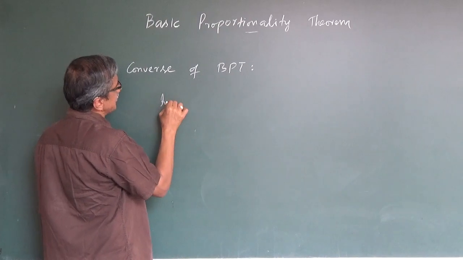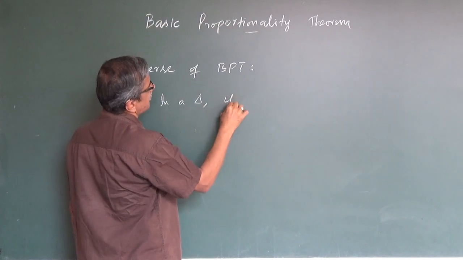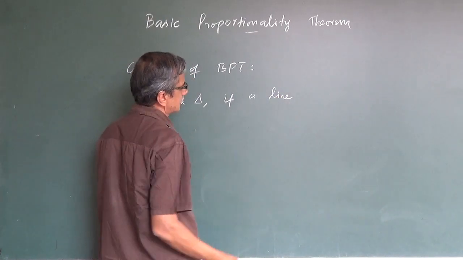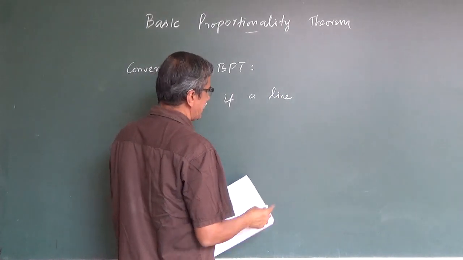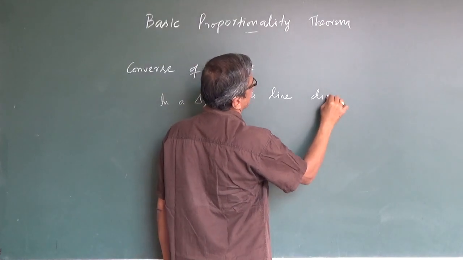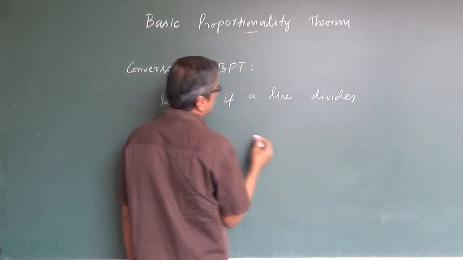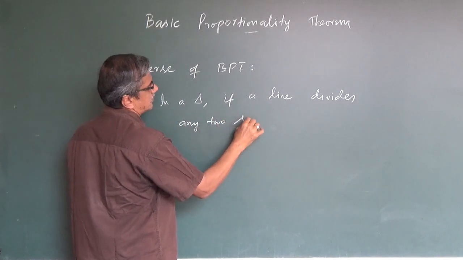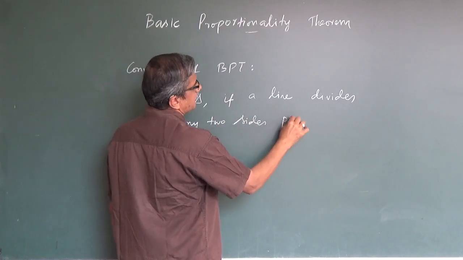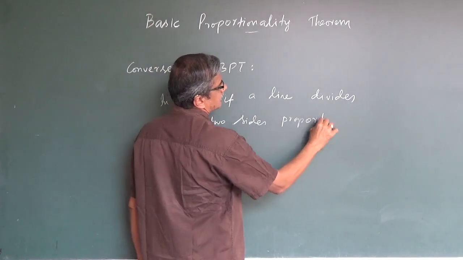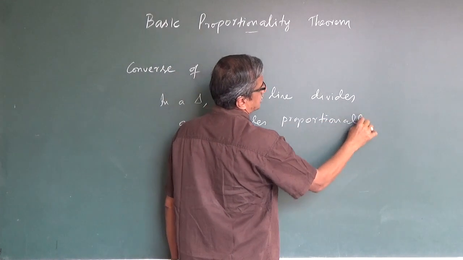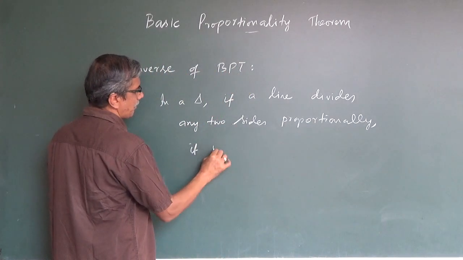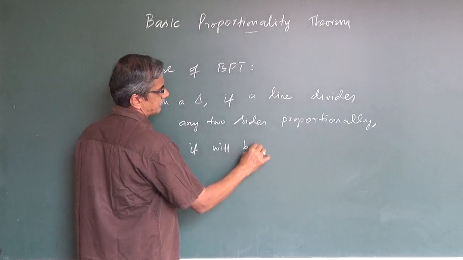That is, in a triangle, if a line divides any two sides proportionally, then it will be parallel to the third side.